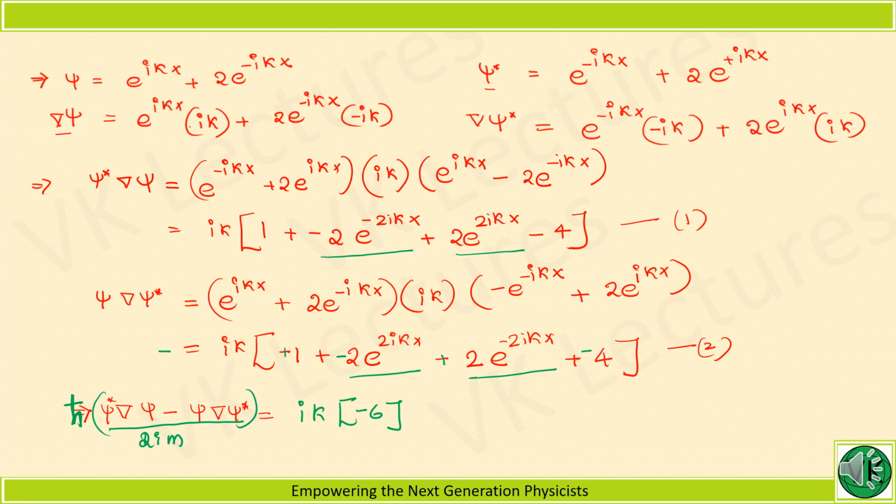So h cross into psi star del psi minus psi del psi star, that is J, multiplied by h cross divided by 2im. I and I get cancelled, so that is equal to minus 3 h cross k by m. This is the current density J.